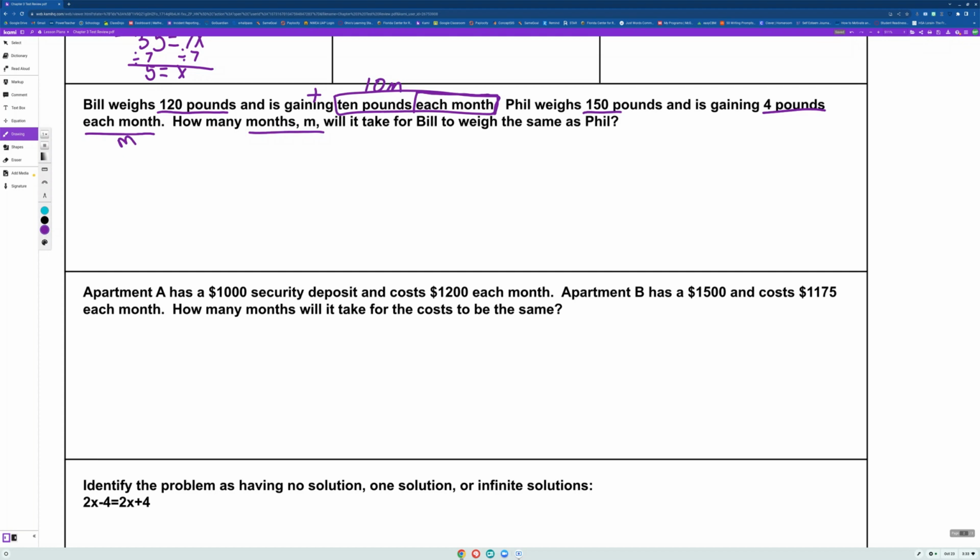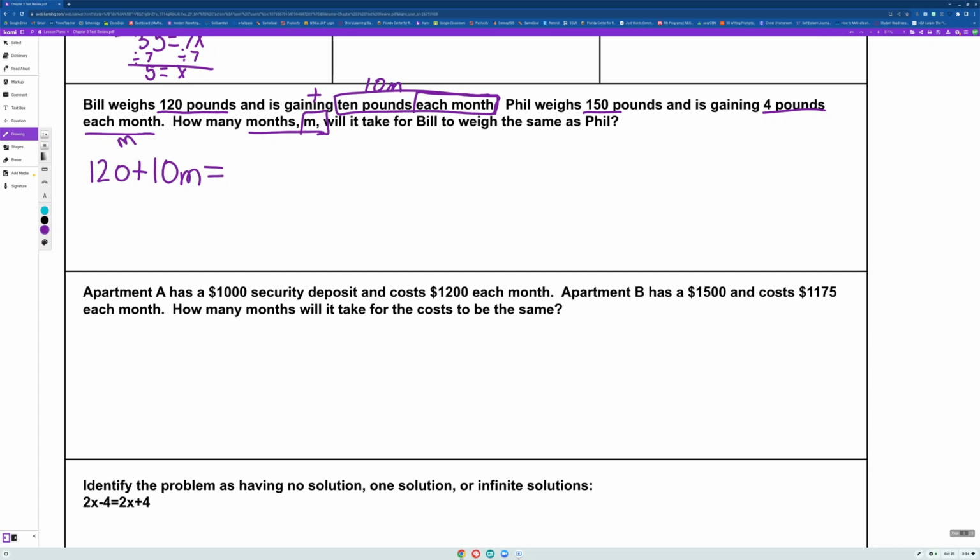So I want to know how many months, M, it will take for Bill to weigh the same as Phil. So if Bill weighs 120 pounds and he's gaining, which we said was positive, 10 pounds each month, month after month, we want to know how much Phil is going to weigh after the same amount of time.